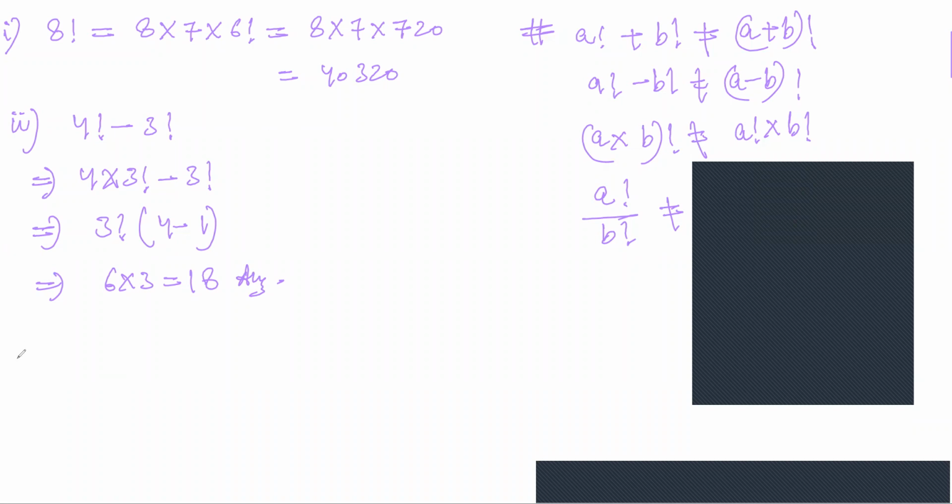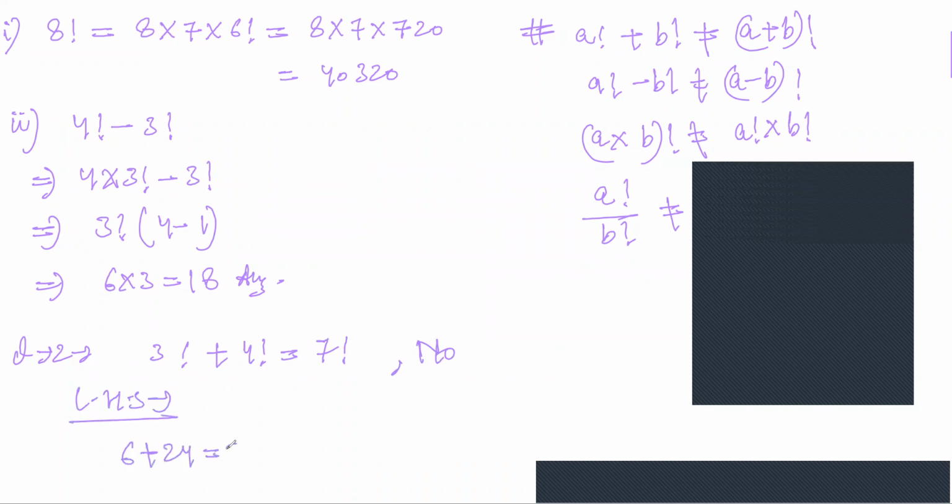Now solve question number 2. It has been asked whether 3 factorial plus 4 factorial is equal to 7 factorial. No. Why? Calculate LHS and RHS both. LHS is 6 plus 24, that is 30. And RHS is 7 factorial, which you have already calculated.